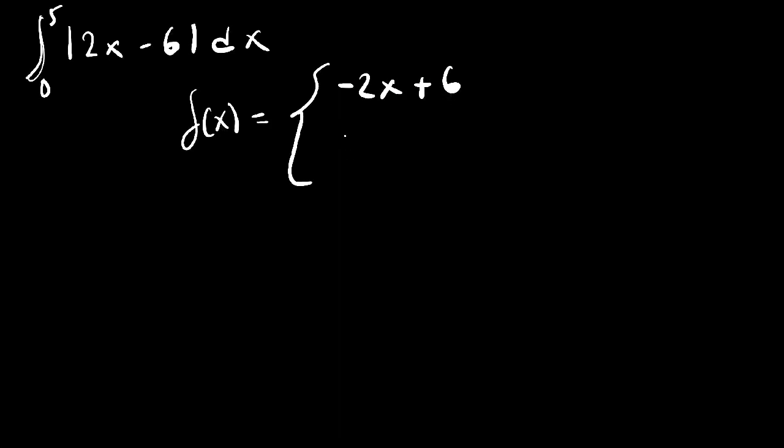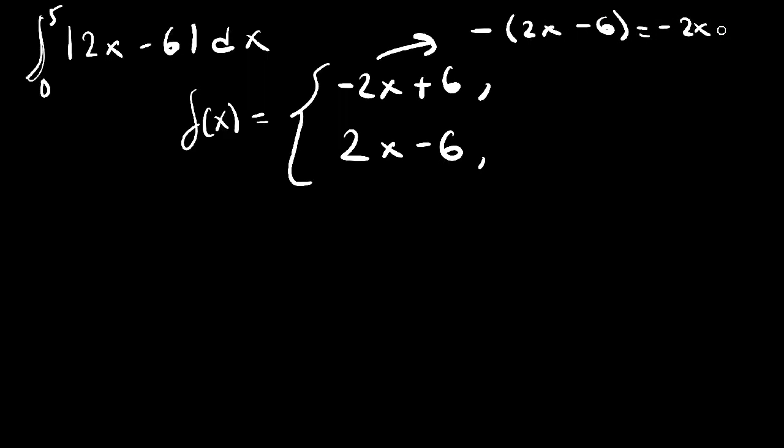The other one will remain 2x minus 6. And how did I get this negative 2x plus 6? I just took the negative of 2x minus 6, which gives negative 2x plus 6. You do that because you're looking at both sides, not just one side.